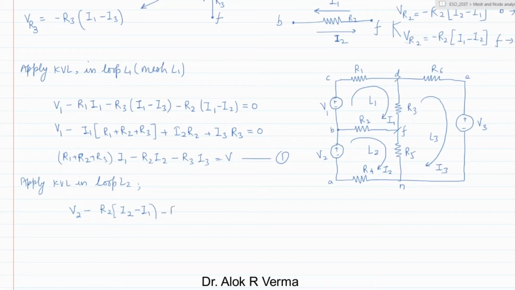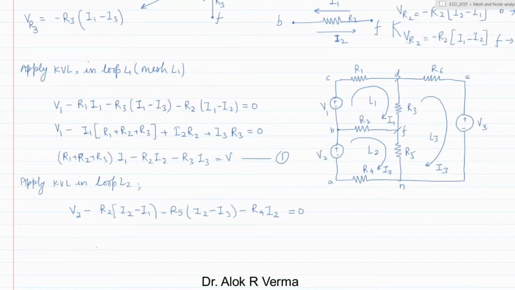Then minus R5 times (I2 minus I3), minus R4 I2, equal to 0.